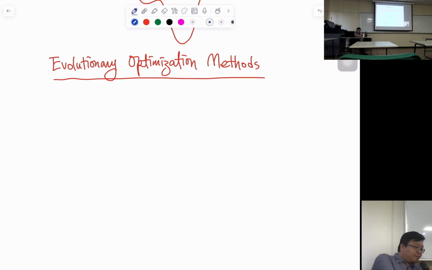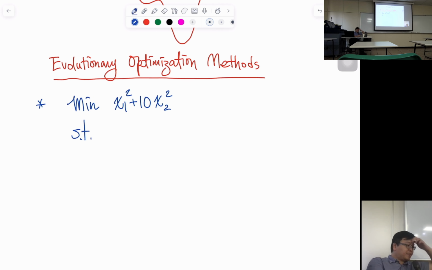I will give you one example. If you are solving this, for example, x1 and x2 has to be positive. And hold on, let me use it different. X1 is within, for example, 100, okay? And the other one also 100.